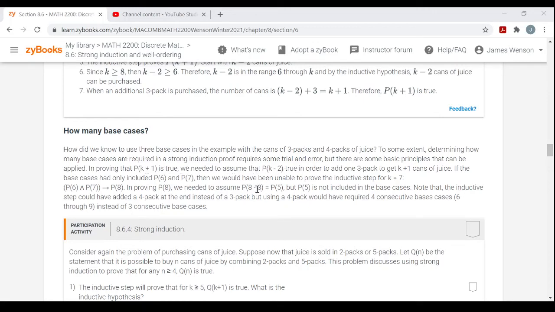Again, you could have gone back to k minus 3 and had to go base cases 6 through 9, as I mentioned, if you were talking about adding a 4-pack. So yeah, sometimes it'll require trial and error to know how many base cases are necessary so that my strong induction hypothesis will actually help when I'm trying to do that inductive step.